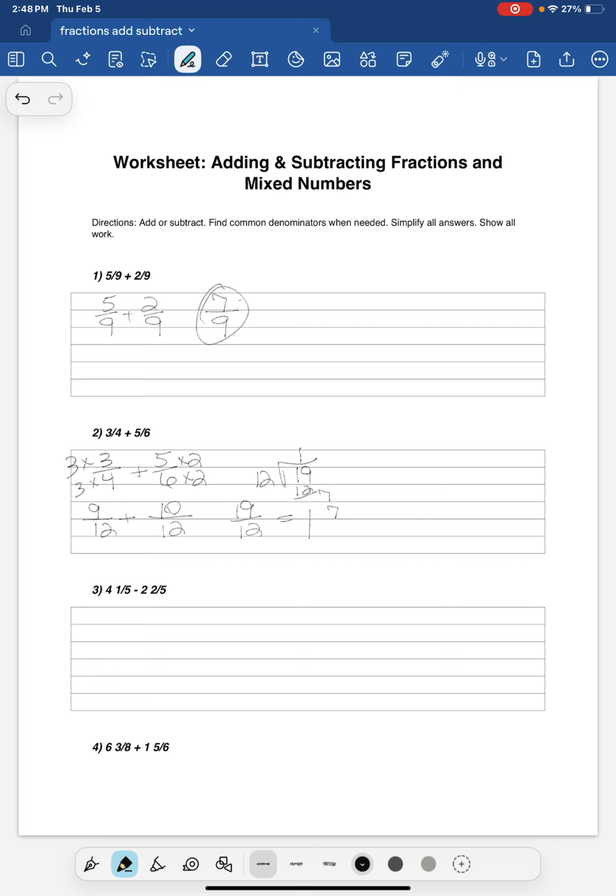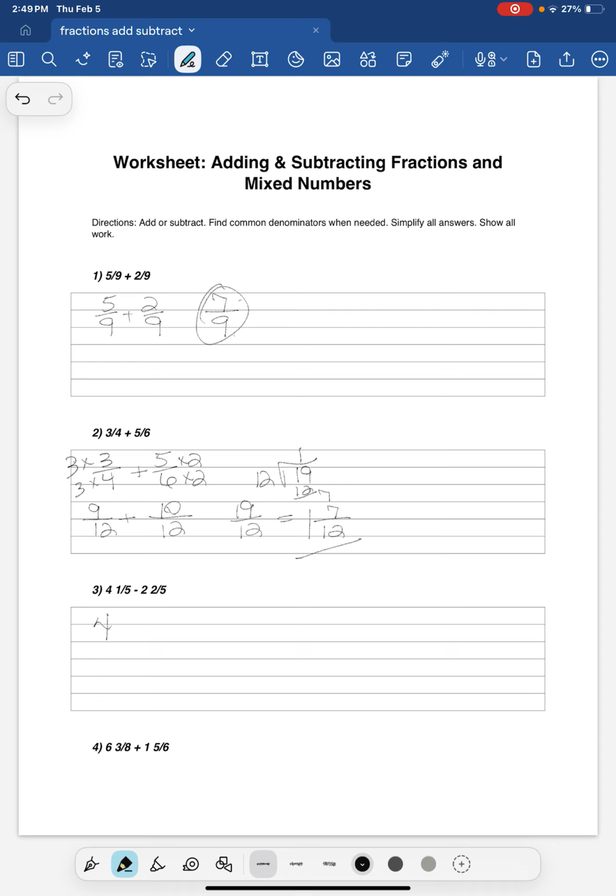So 7 becomes the numerator of our mixed number, and 12 stays the denominator. And that is the answer to 3/4 plus 5/6: 1 and 7/12.